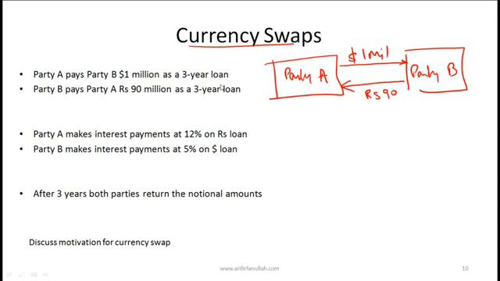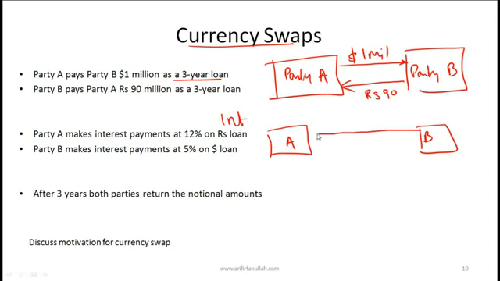Then, assuming this is a 3-year annual pay loan, what's going to happen at the end of every year? So at the end of year 1 as well as the end of year 2 and end of year 3, interest payments will be exchanged. So this middle box represents interest payments. Now since Party B has borrowed dollars, Party B is going to make interest payments in dollars.